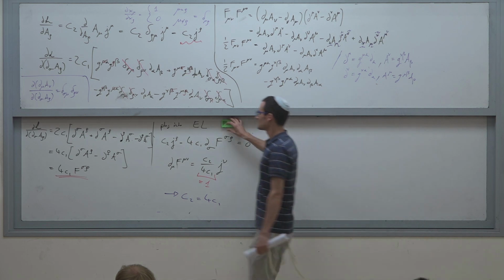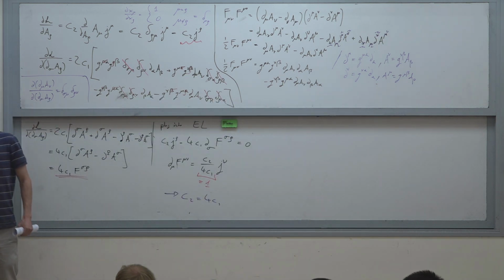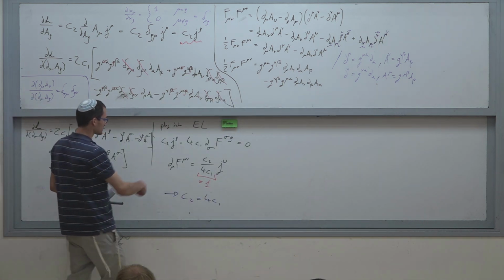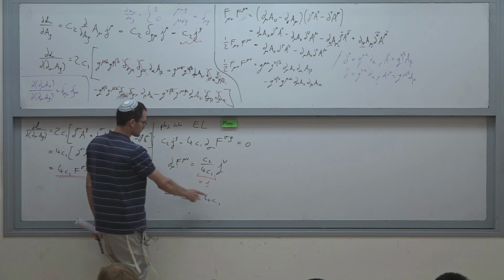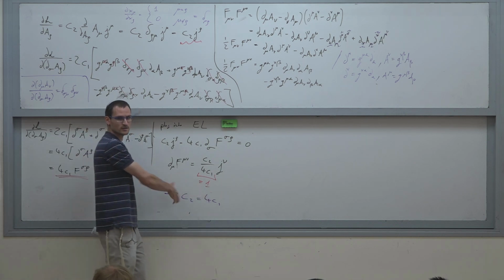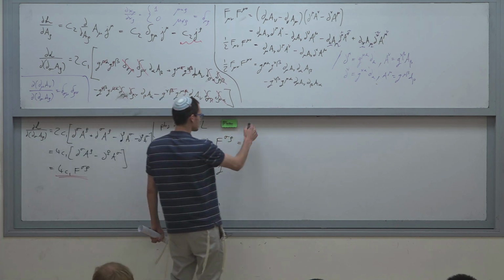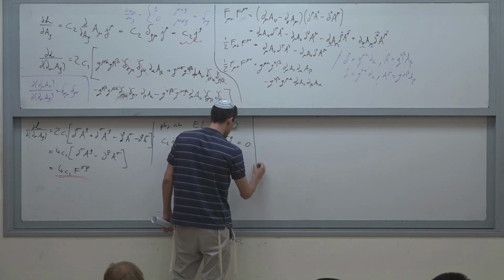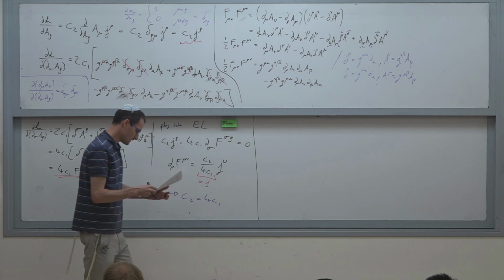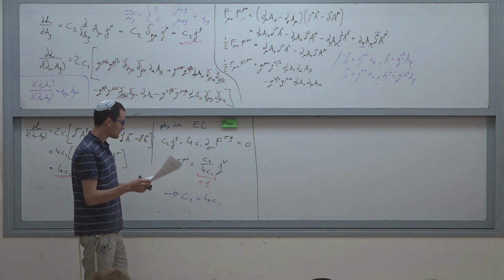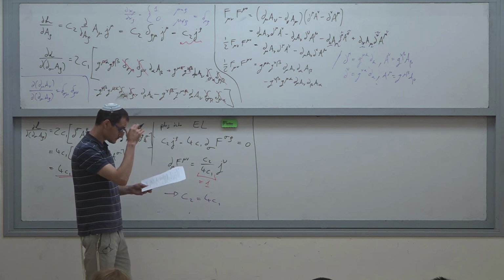Great. Step number 2, we still haven't really finished with the Lagrangian because we've only determined one of the constants in terms of the other. There's still one constant left. So in order to determine the second constant, we're going to require another fact that we know.